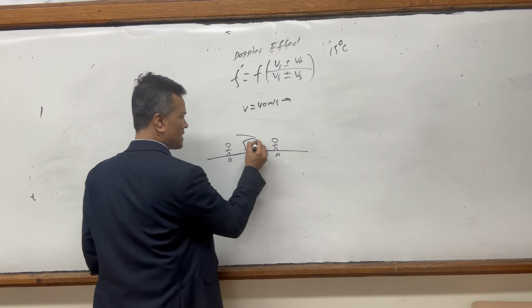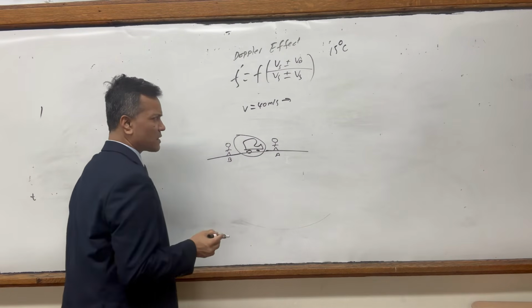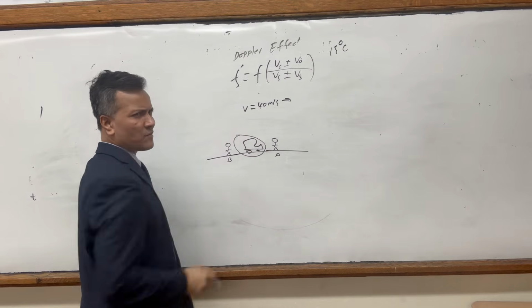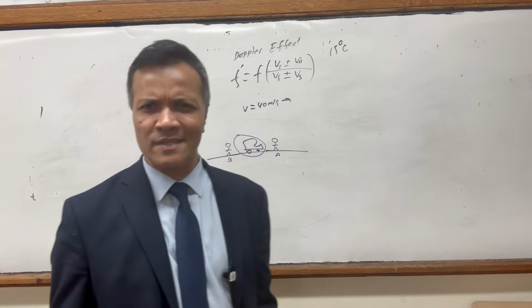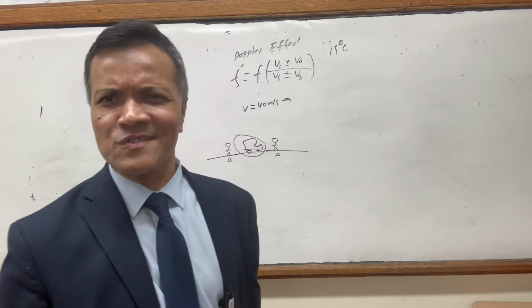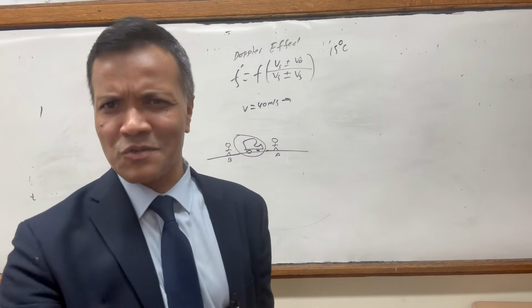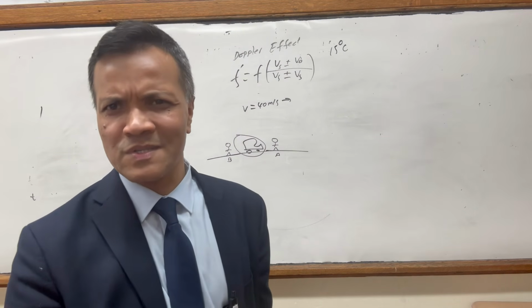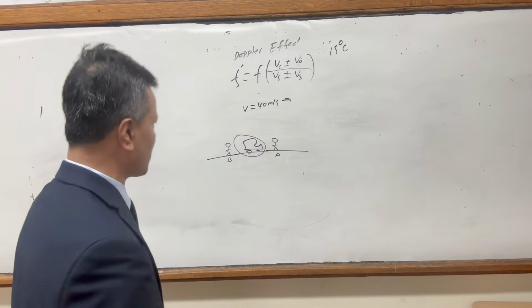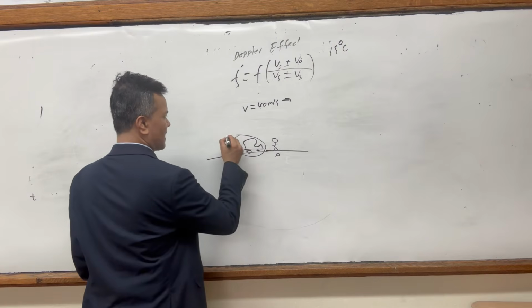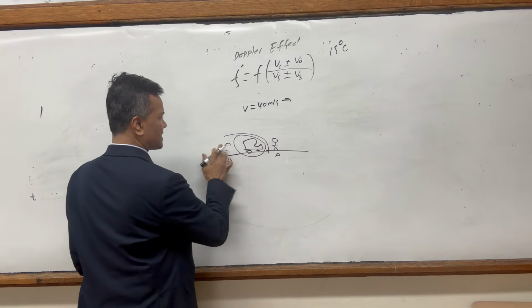Because there would be a change in the wavelength because he is assaulting the air, and that changes the lambda. Changing lambda, you change the frequency. Change the frequency, you change the pitch. One becomes high pitch, one becomes low pitch. Okay, so how do you change the lambda? By assaulting the air, right?